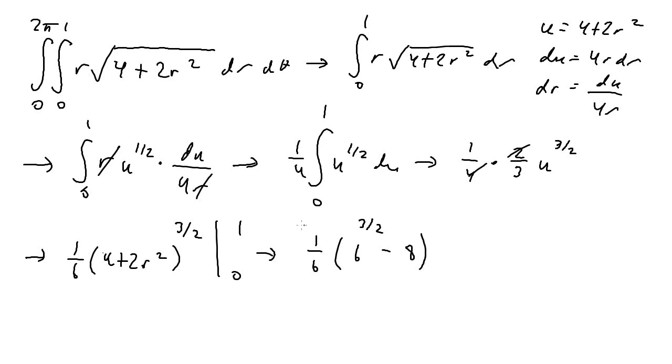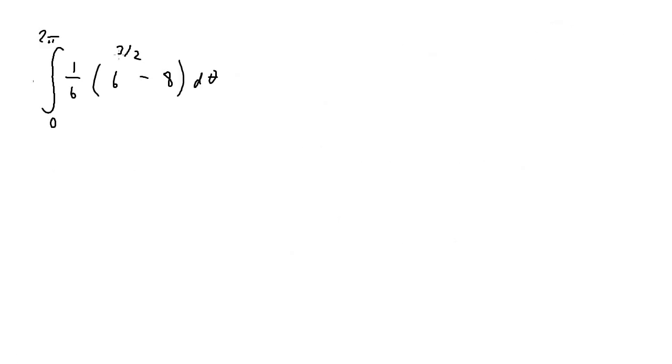So now we can evaluate the outer integral from 0 to 2 pi, this time with respect to theta. Now this entire thing is a constant, so the integral is just going to be 1 over 6 times 6 to the 3/2 minus 8 times theta. So let's evaluate that from the theta bounds of 0 to 2 pi.